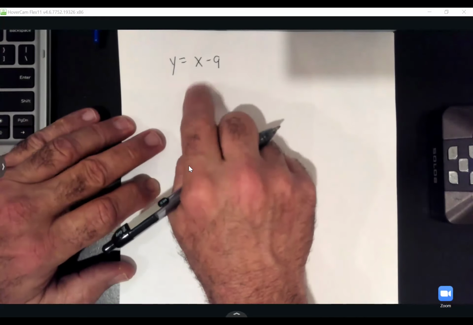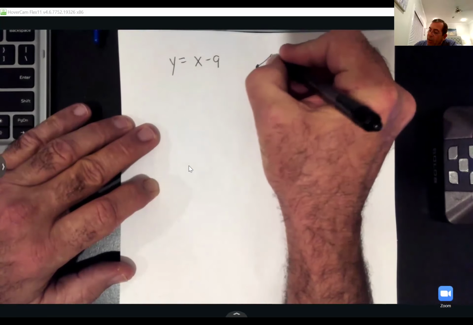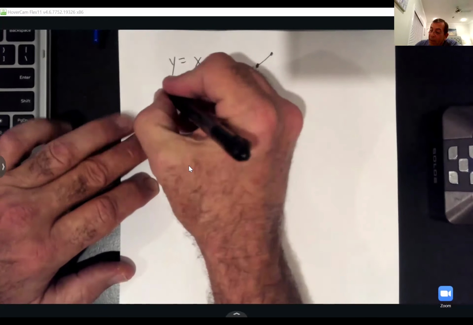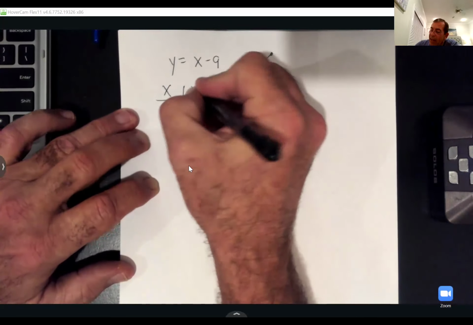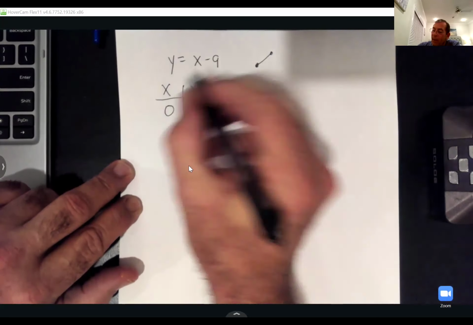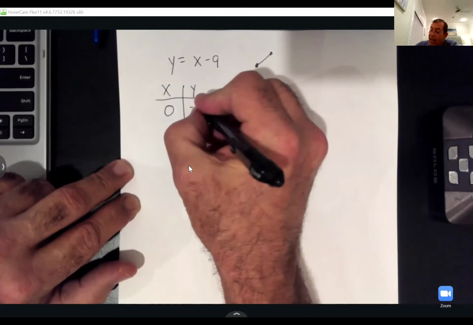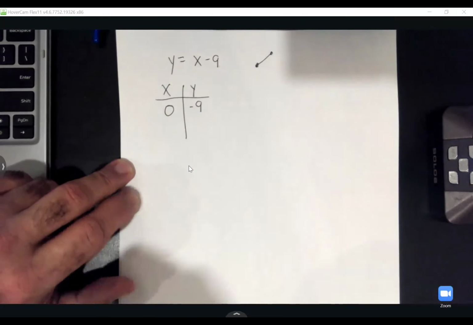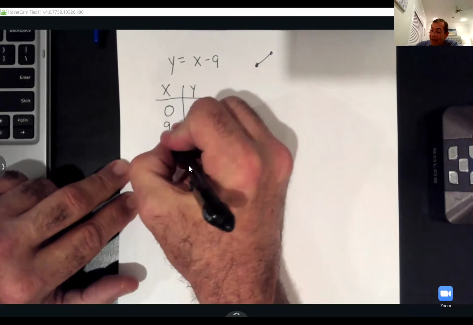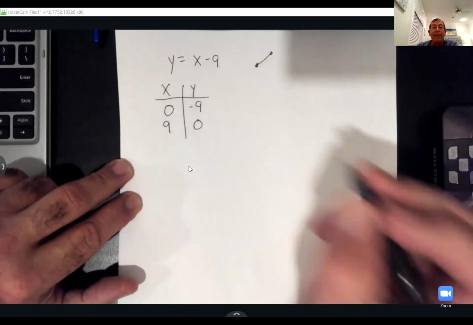Mm-hmm. So on this one, like I said, it was the line tool I chose. And when you choose the line tool, they make you physically graph it. So I was sort of doing this in my head. I said, well, if I let that x be 0, then 0 minus 9 would make this y value, what, -9? Yes, sir. And then my other one, I was like, well, what if I made this a 9? And then 9 minus 9 gave me 0.